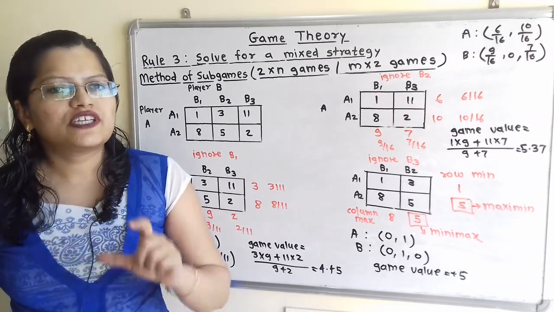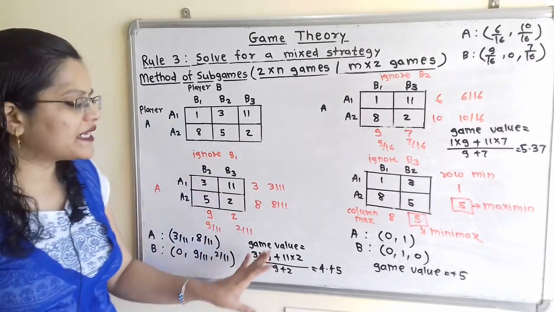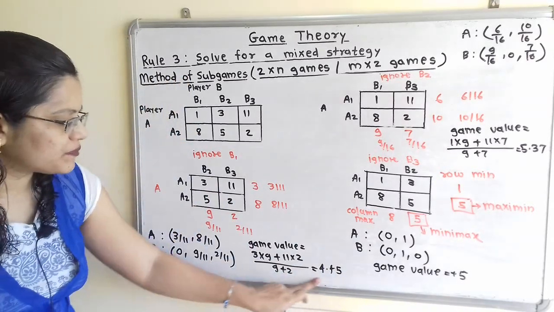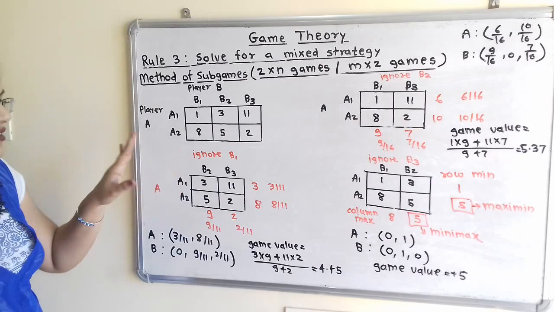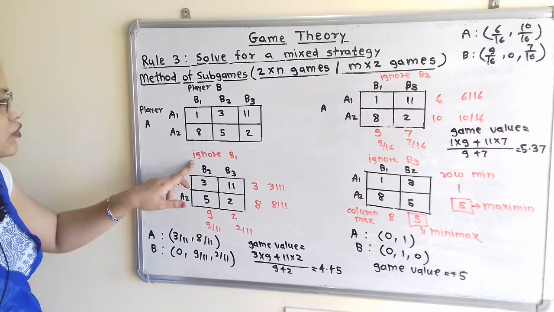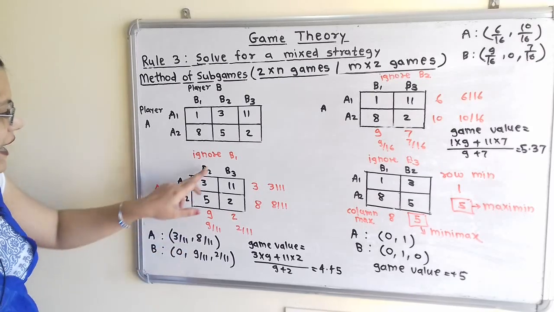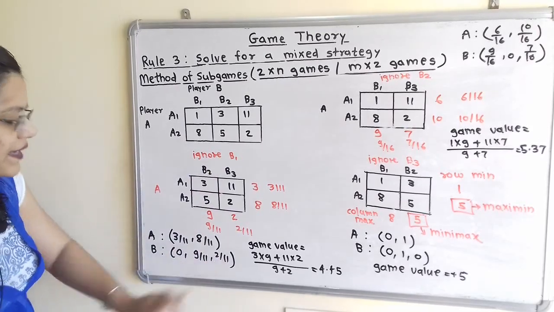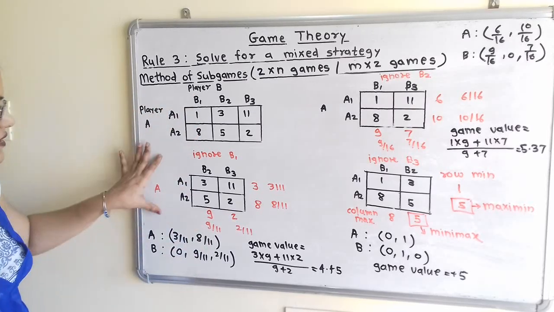That means he should take the strategy with minimum game value. Among all these values, this value is minimum. That is, to minimize the loss, player B should use strategy B2 and strategy B3 for 9 by 11 times and 2 by 11 times, and he should not use strategy B1. So this is the answer.